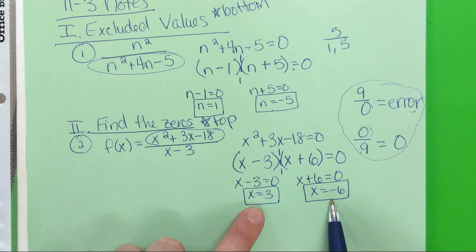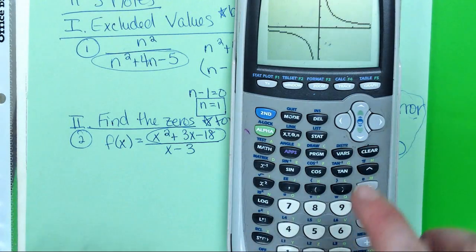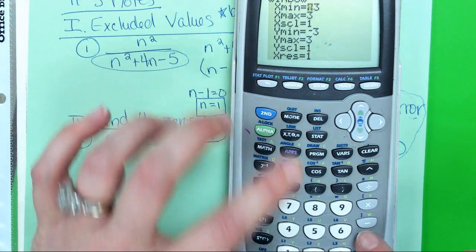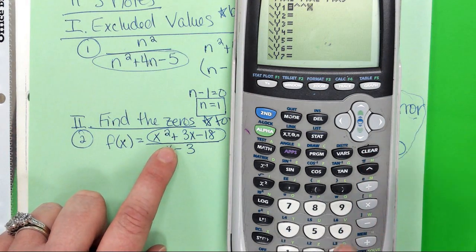What does it mean that the graph is 0? What's happening to the graph if it's 0 at this point? Let's graph it and find out, okay? Ready? All right, we got a fraction. So here we go. We got to type this in parentheses.